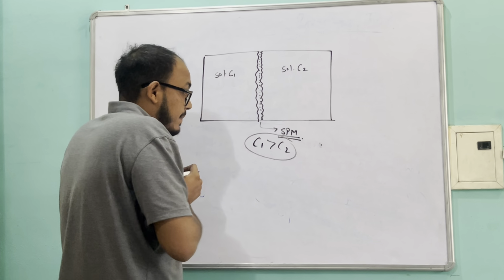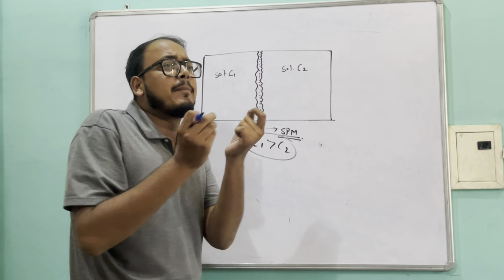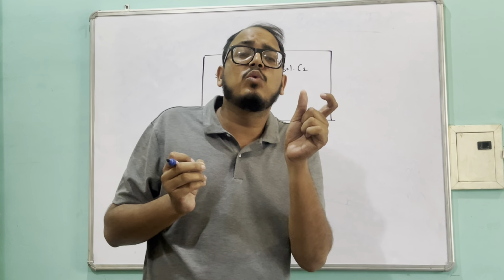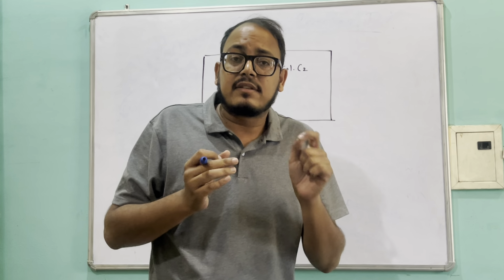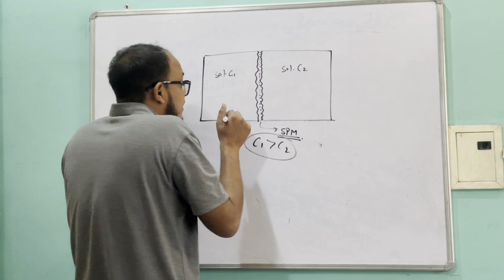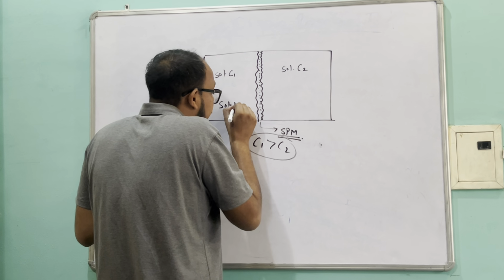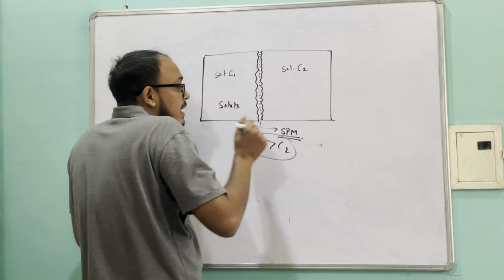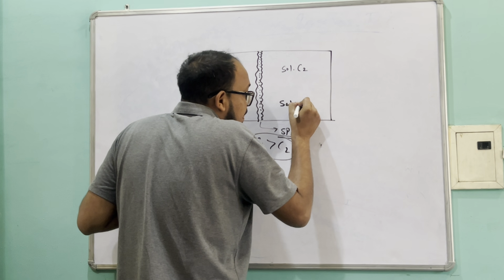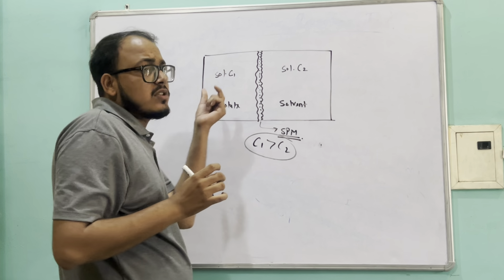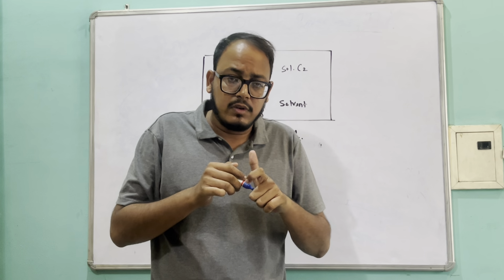So what will happen? There are two important terms in a solution, that is solute and solvent. Here is a solute, and here we have taken a solvent. What is solute?